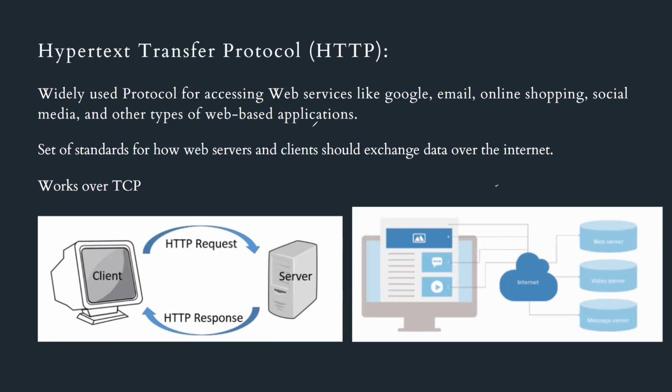Once we are accessing those websites, we can actually see what kind of protocol is used to access that website. The HTTP protocol defines the set of standards about how web servers and clients should exchange data over the internet, and it works over the TCP protocol.